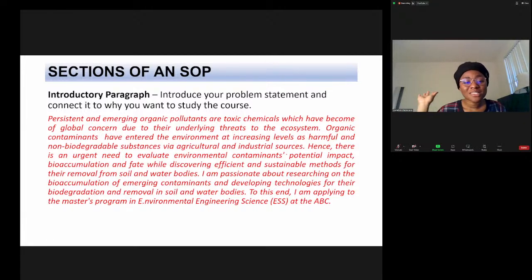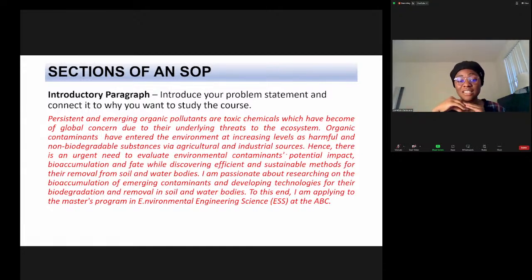Now the person said, oh, persistent and emerging organic pollutants are toxic chemicals which have become of global concern due to their underlying threats to the ecosystem. Organic contaminants have entered the environment at increasing levels, via agricultural and industrial sources.